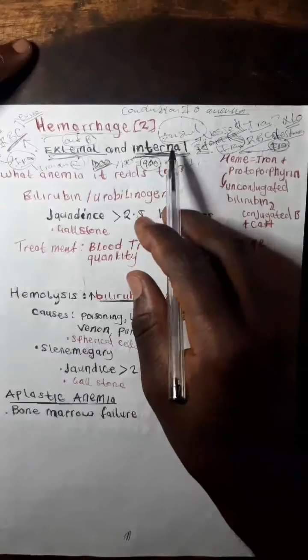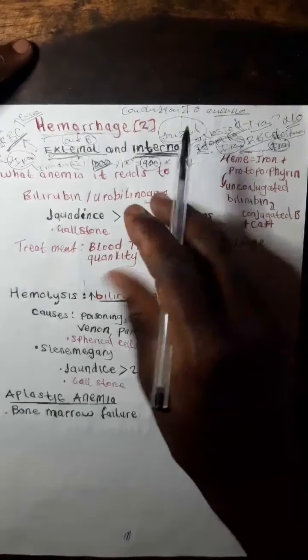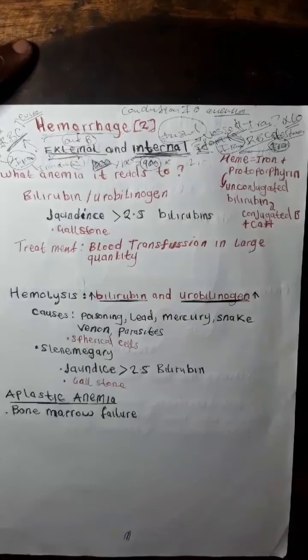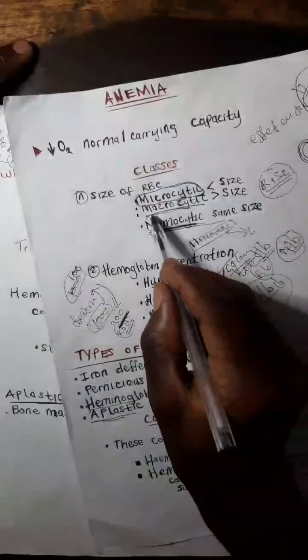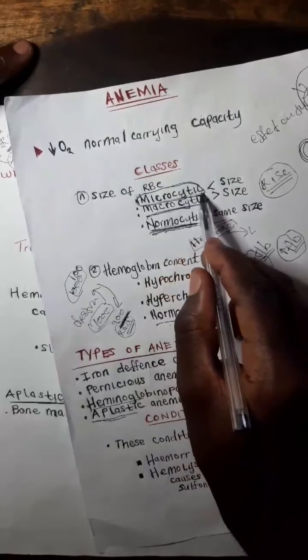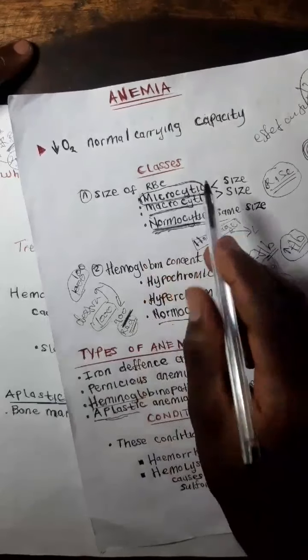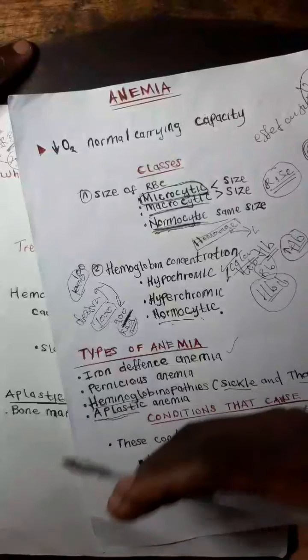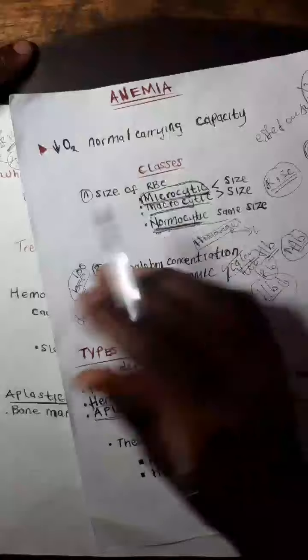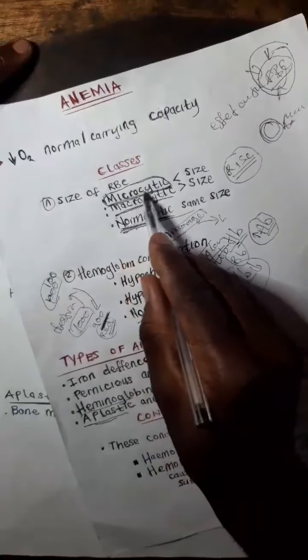But when this hemorrhage continues, it can lead to iron deficiency anemia, just like you've said. So when talking about iron deficiency anemia, what did we say here? As the bleeding progresses, it can lead to microcytic anemia. This is the progression. When someone continues bleeding externally, it can lead to microcytic anemia.